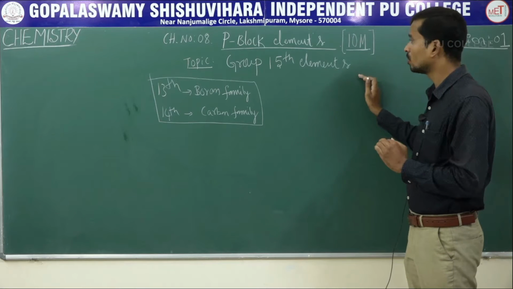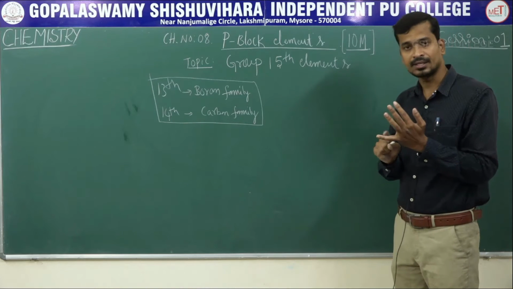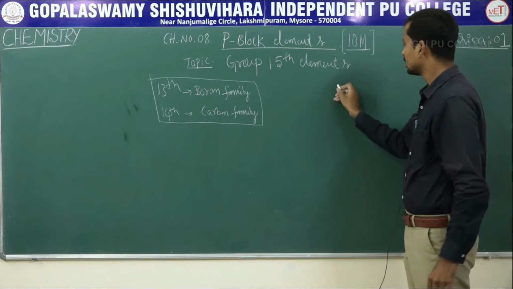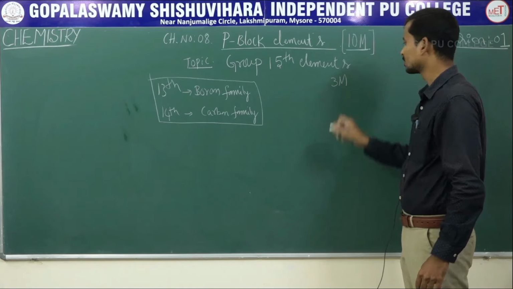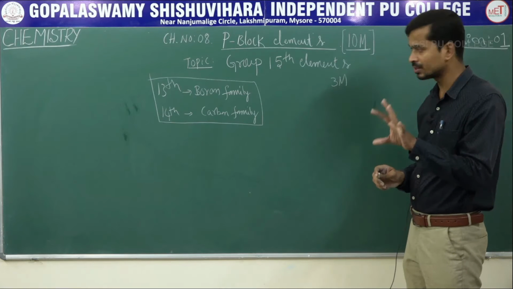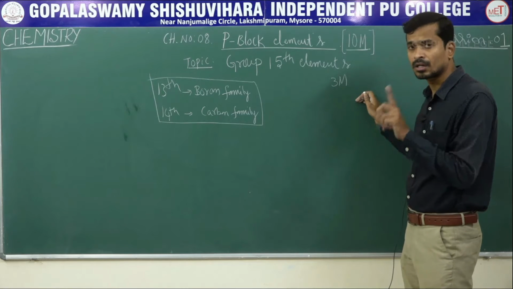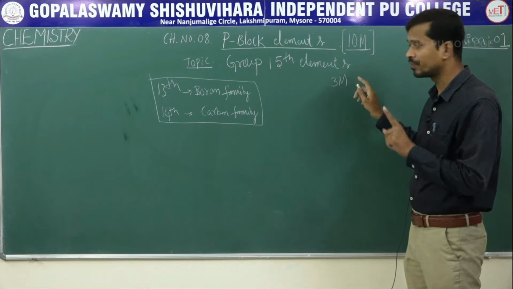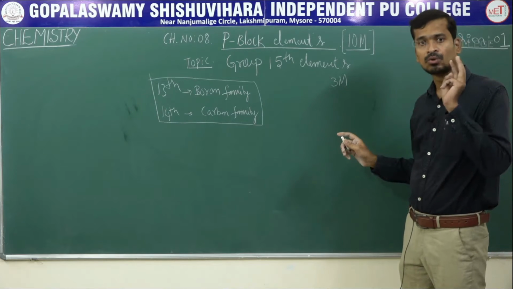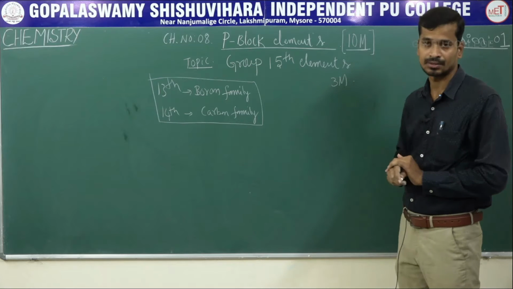In Part C, 3 marks questions come from group 15, 3 marks, group 16, 3 marks and group 17, 3 marks.